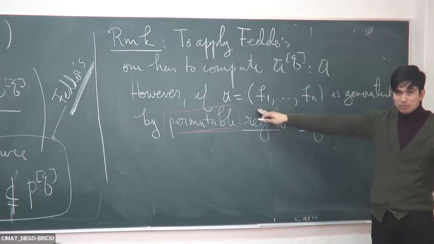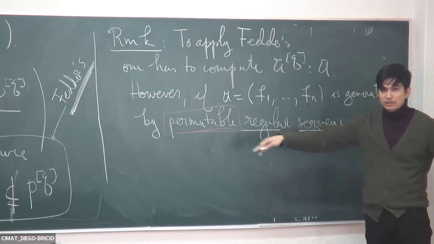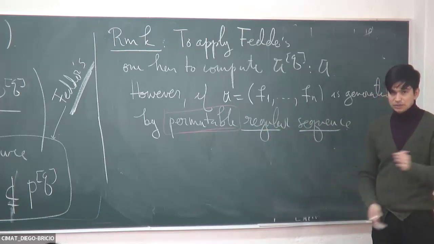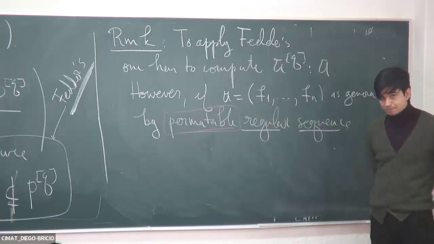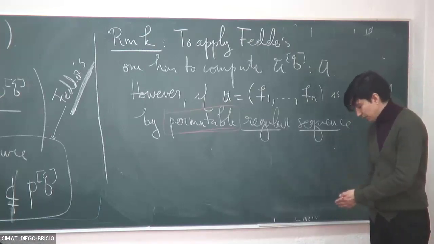If we have the polynomial ring, for example, and these are all homogeneous, then it doesn't matter what the order is. Okay, that's what I mean by permutable. It is a regular sequence, but it remains a regular sequence after any permutation of the elements. So again, you can take the local case or graded case, that's good enough.